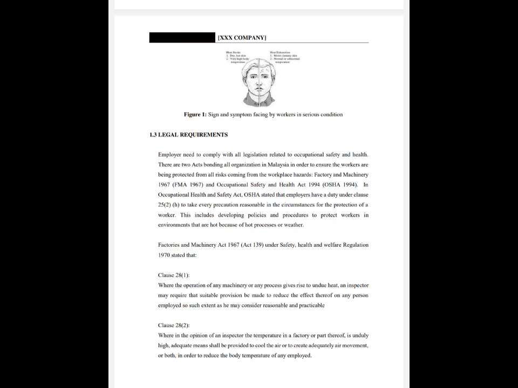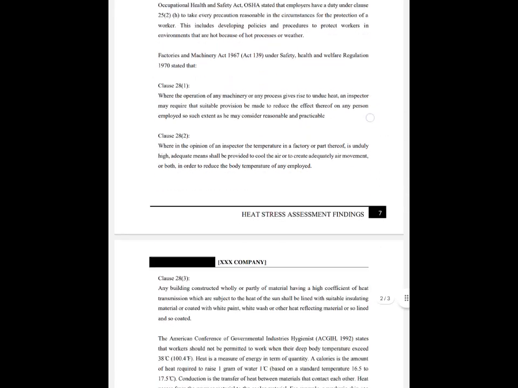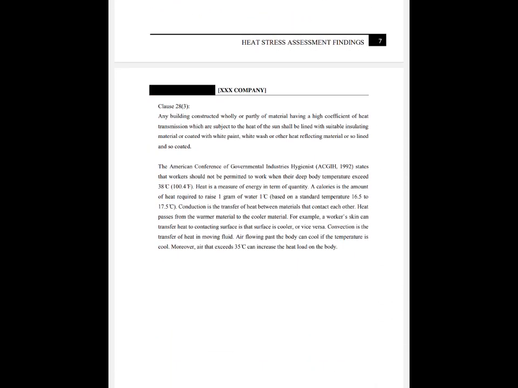Of course, in Malaysia for safety and health, we use the Occupational Safety and Health Act 1994, OSHA 1994, and also the Factory and Machinery Act 139, and here they mention which clauses relate to this assessment. At the end of the introduction, they also mention ACGIH 1992, basically because they adopt ACGIH 1992 in their methodology and most of the calculations later on.